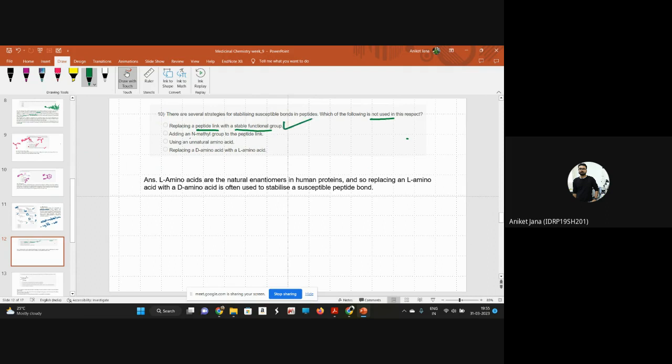So adding an N-methyl group to the peptide link. Do we use it?